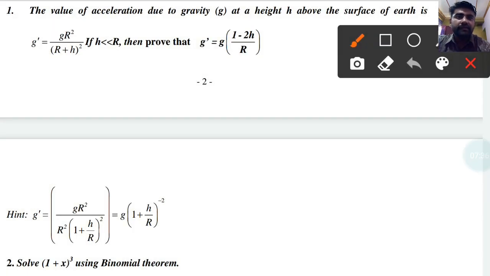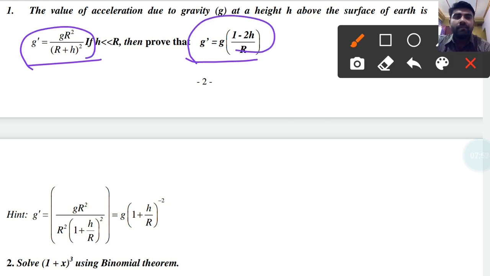Similarly, one more exercise: the value of acceleration due to gravity g at a height h above the surface of earth is this one, and g dash is equal to g into 1 minus 2h upon r. From this formula we found this one by the binomial expansion theorem. So g dash is equal to g, now r square is in numerator, right?